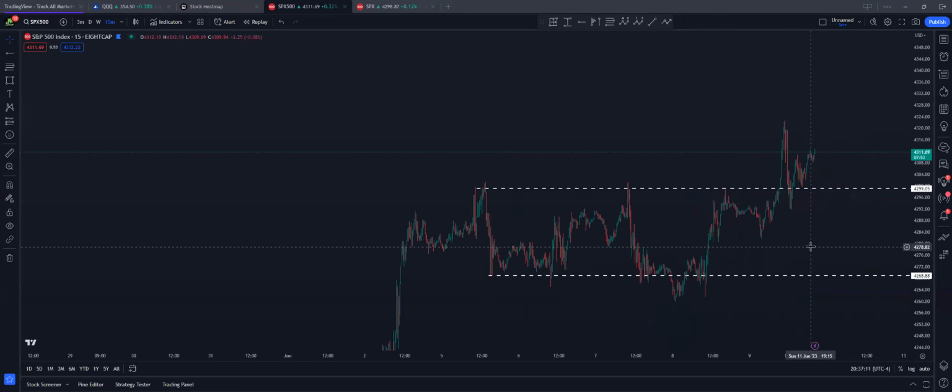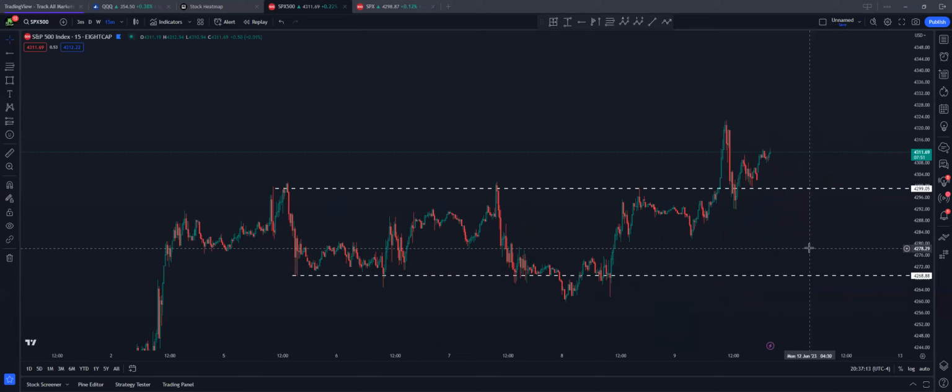Now, the thing about these levels is, you cannot just trust support and resistance simply because there are other things at play, okay, that will validate a breakout or a breakdown. But let's say that you were just using support and resistance and you wanted to trade with just your support and resistance levels.